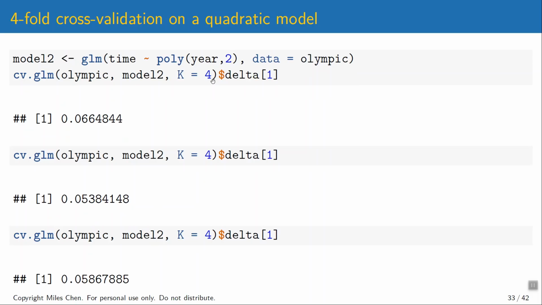Here I'm doing a quadratic model, poly of year comma 2. This is model 2, and I'm running k-fold cross-validation. I run it three different times, and again we get different values with some variation between them.